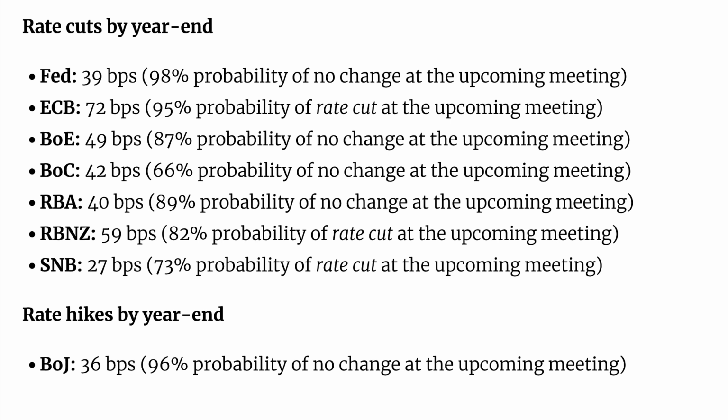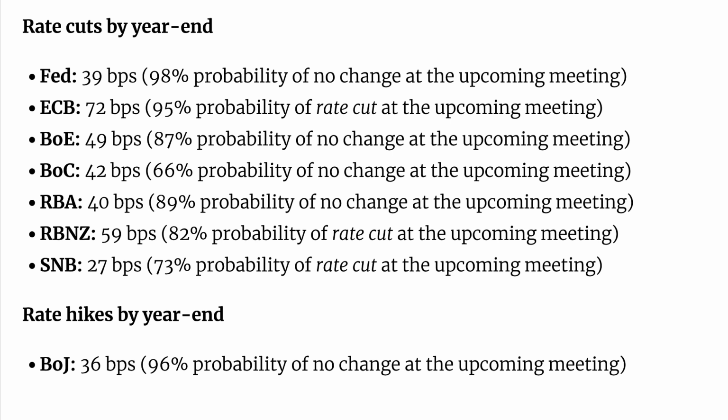Plus they haven't got too much room in terms of cuts when they get to zero. So there is some nuance there, but even if you're looking at what the next move for the central bank is going to be, there's a 98% probability of no change for the Fed, and there is a 73% chance of a rate cut for the Swiss National Bank.